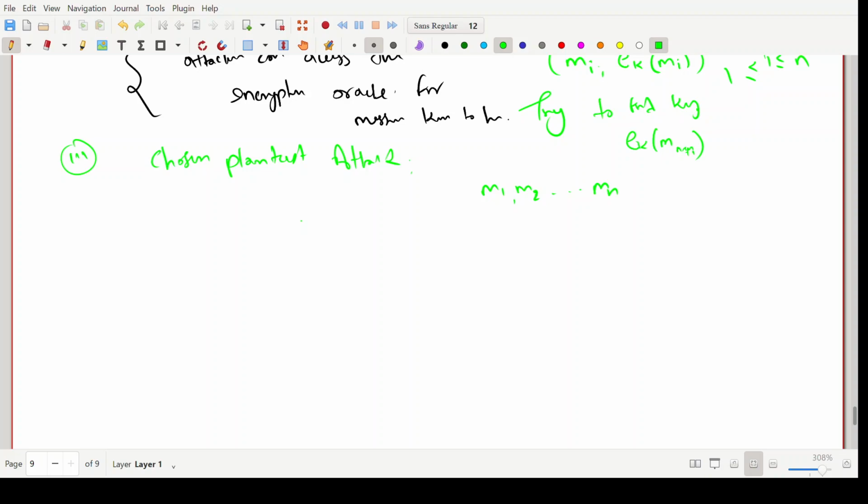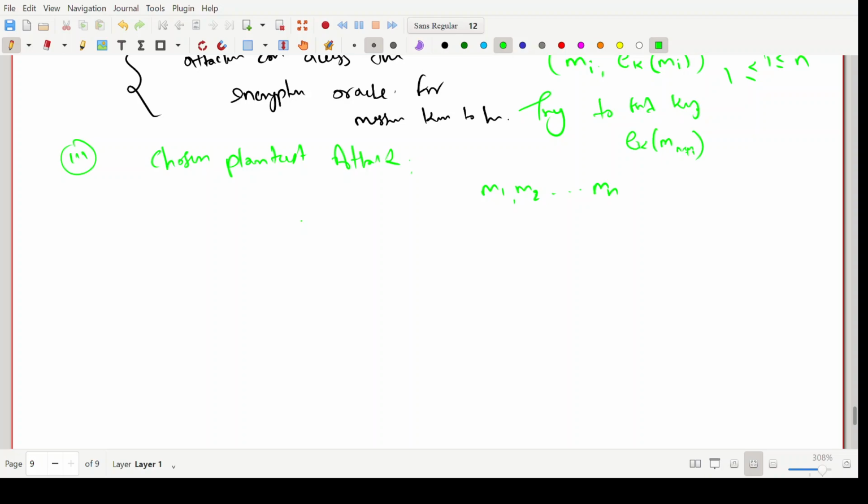This is the chosen plain text attack. This is equivalent to the attacker accessing the encryption oracle for messages chosen by him. In a public key cryptosystem, the adversary always has this privilege, as the encryption key is public. In the known plain text attack, the plain text was known, whereas here the attacker has to choose.